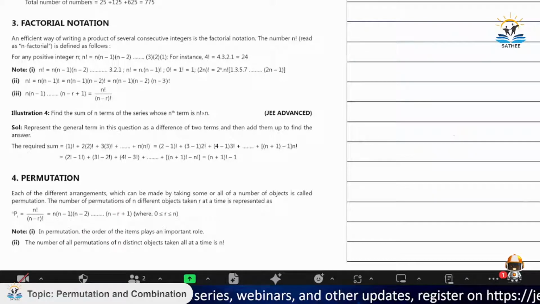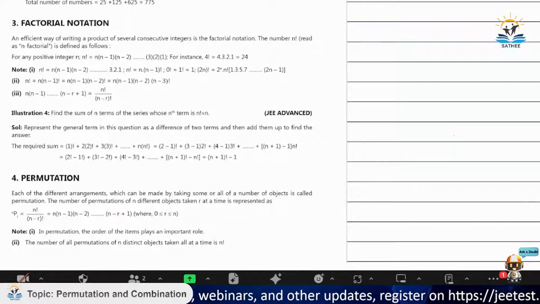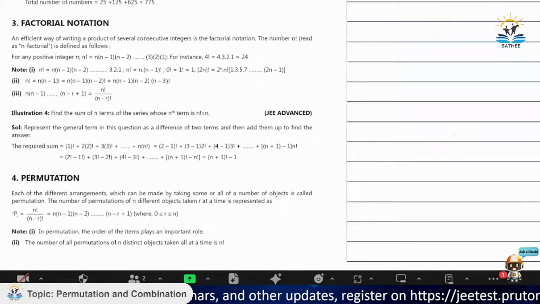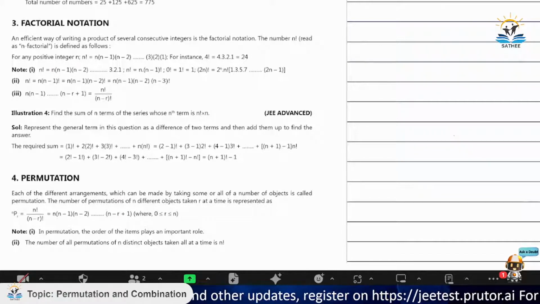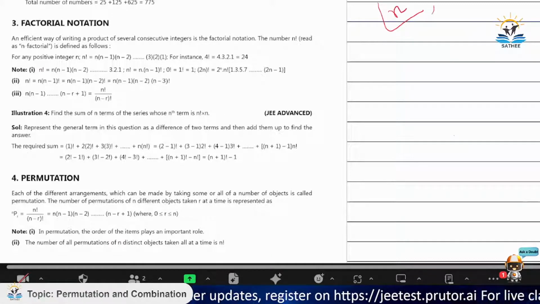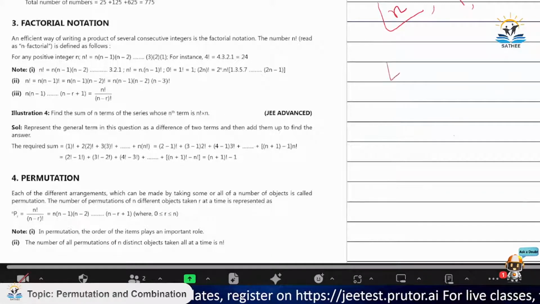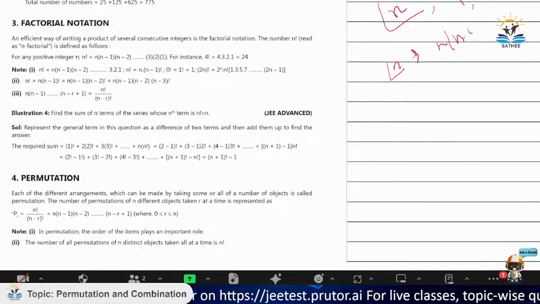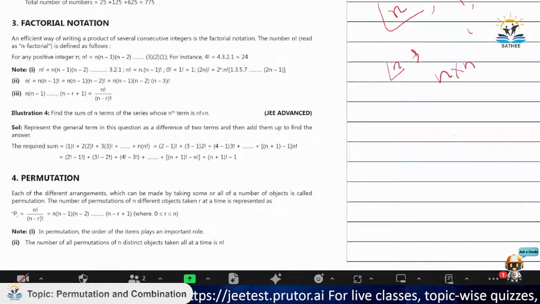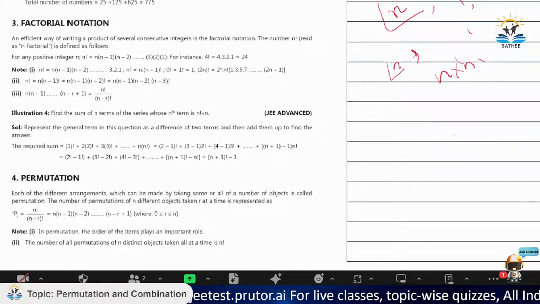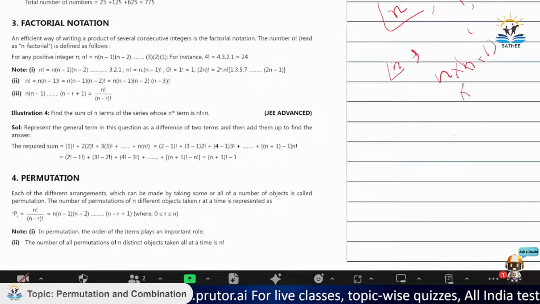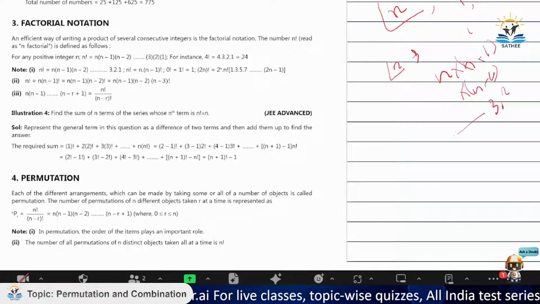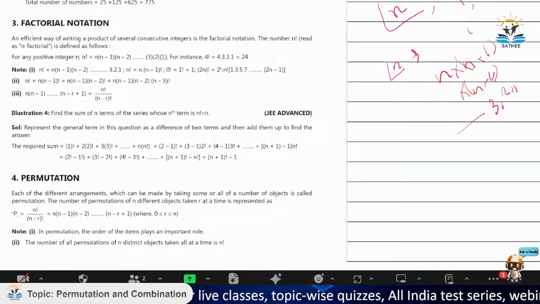Now going back to the factorial notation. I hope everyone is aware of what a factorial is. There are two representations. We can write a factorial like this as well and like this as well. So what do we mean by this? We mean n into n minus 1 into n minus 2 goes to 3 into 2 into 1, right? So yes, now getting to the notation part, let's see what does the definition say.